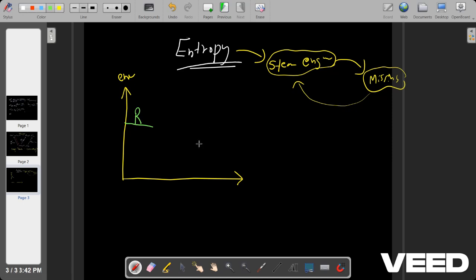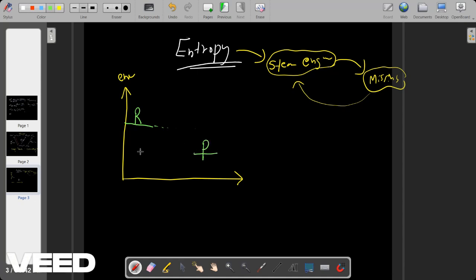Above or below? Below. Why is that? Products have low energy, right? So therefore, excess energy is released, right?